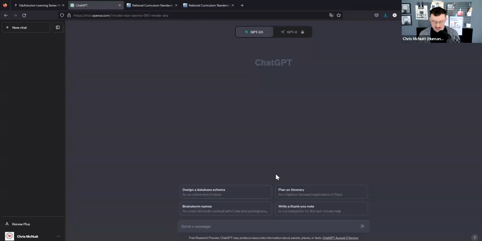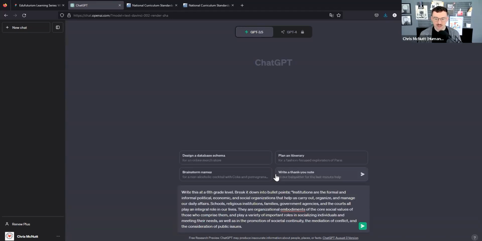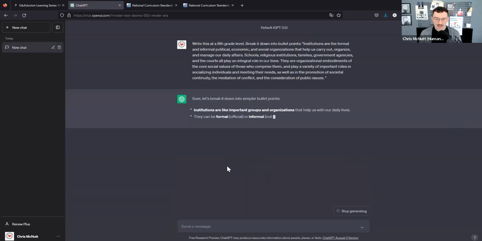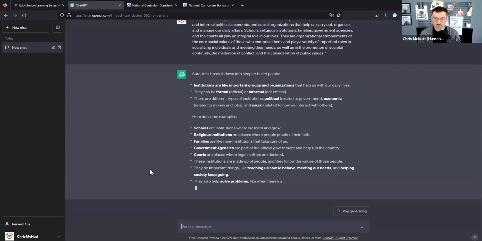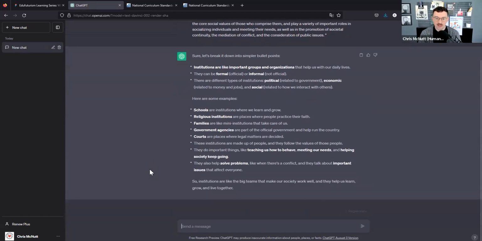It's very easy for me to take something like this and say, can you write this at a 6th grade reading level, break it down into bullet points. Tell it to do that, boom. I can double check it to make sure, but now not only is this in student-friendly language, it's also in a way that we can understand it.